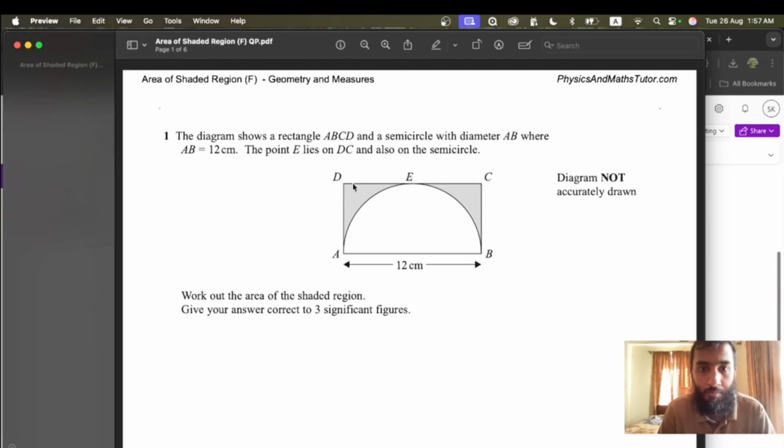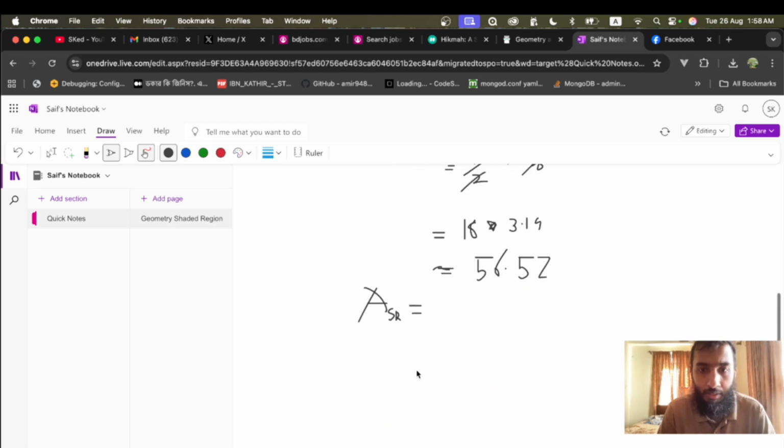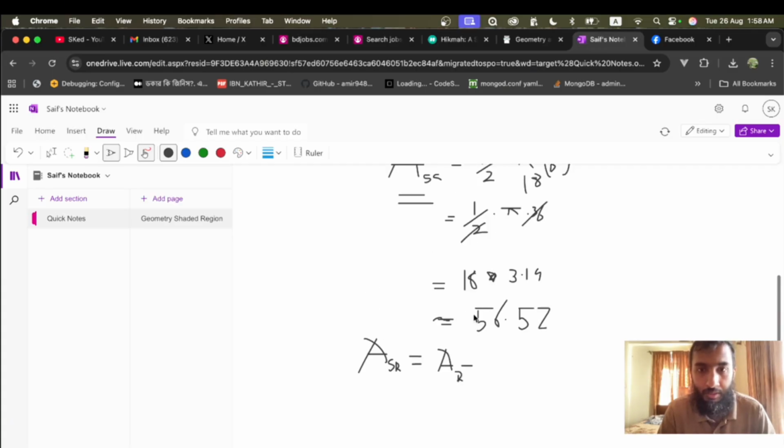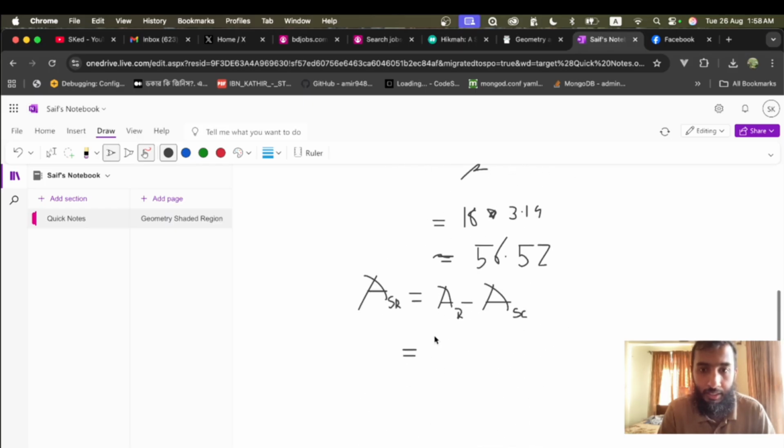So what is the area of this shaded region? This entire rectangle minus the semicircle. Let's say SR, the shaded region, is the area of the rectangle minus the area of the semicircle. The area of the rectangle is 72 minus the area of the semicircle, roughly 56.52.